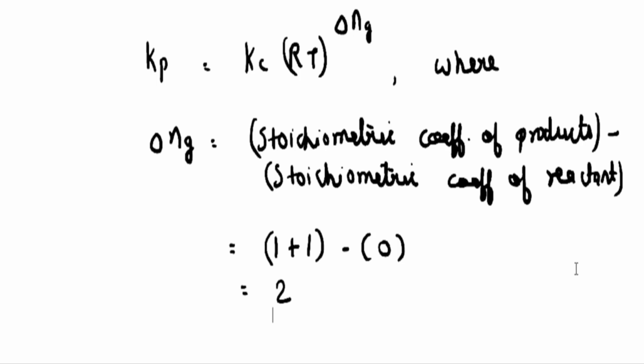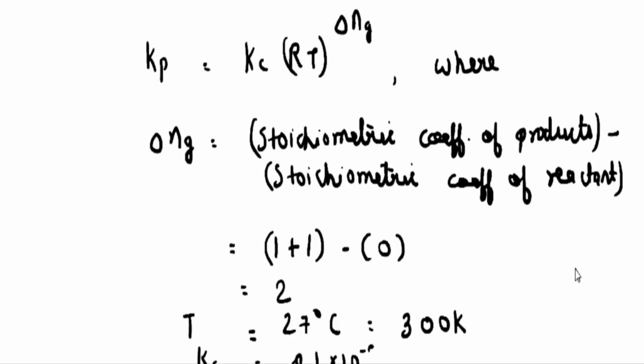Also our temperature given is 27 degrees Celsius, which is 300 Kelvin, and our Kc is 8.1 into 10 raised to the power minus 5 molar square.